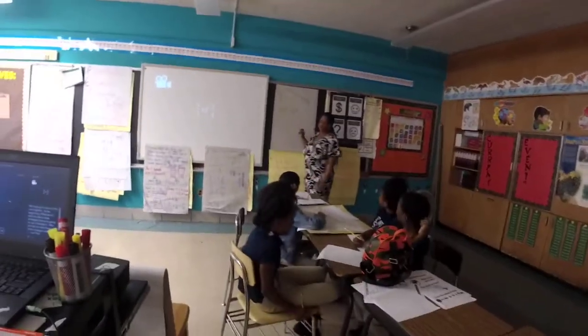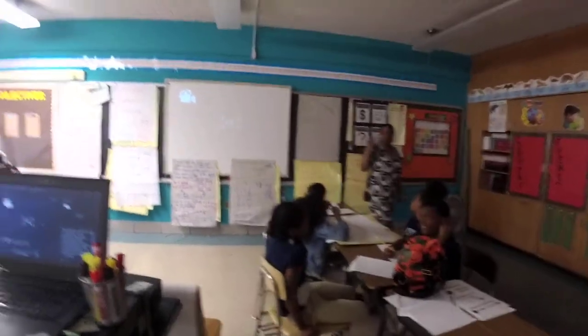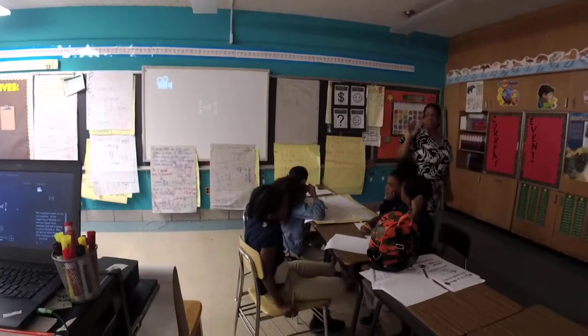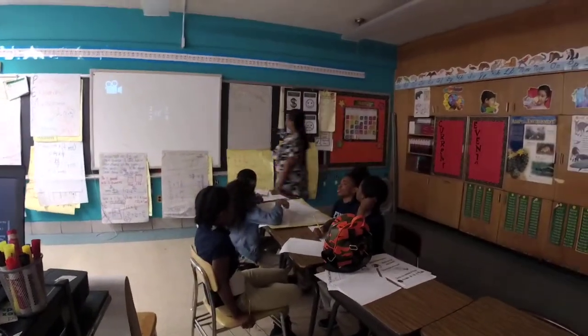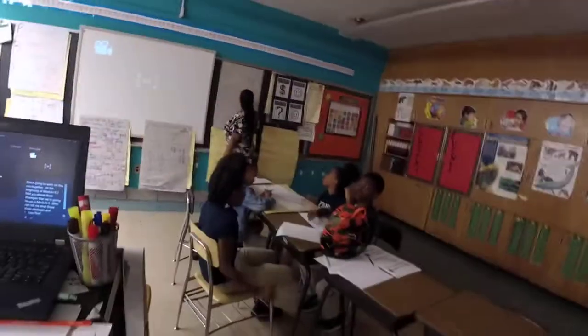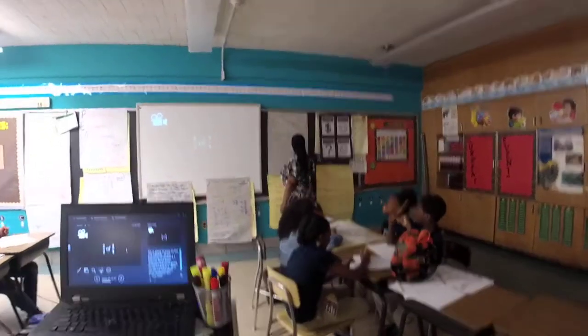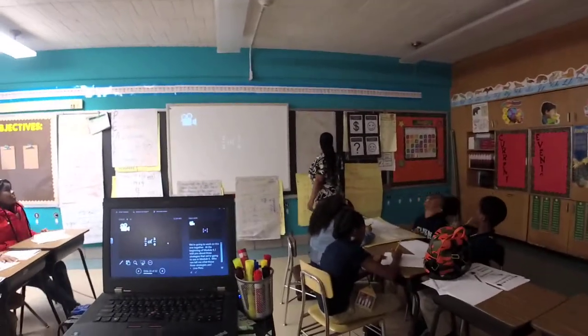So if we were drawing this, because remember I said we're going to do tape diagrams, line plots, and area models, we're going to draw a picture. So let's draw our picture out. And today we're going to use an area model.